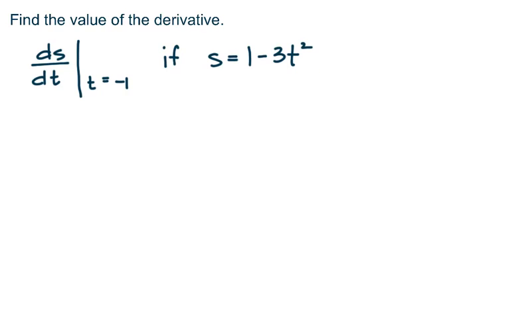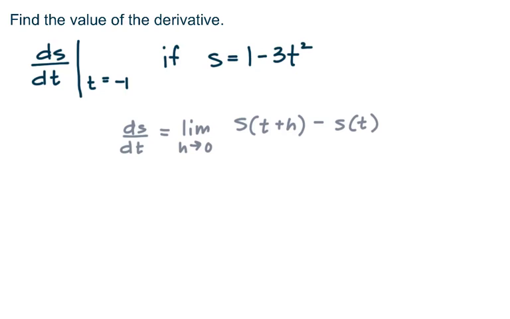So our formal definition, s prime of t, or exactly the same, ds/dt, is going to equal the limit as h approaches 0 of s of t plus h minus s of t, all divided by h.